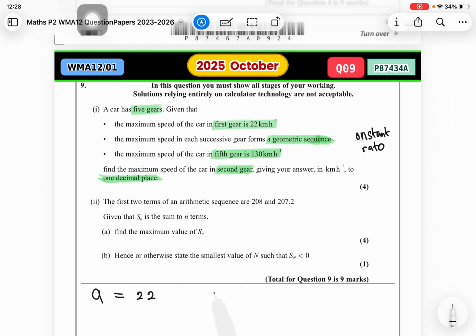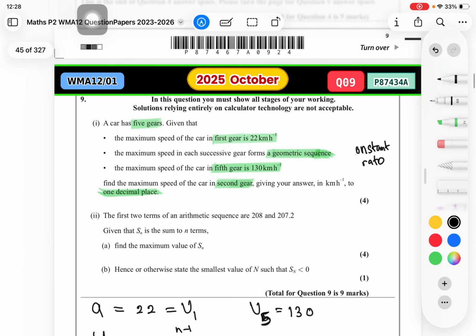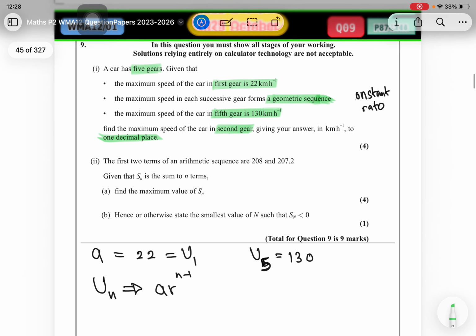This is the first term, U1, and we know U5 is going to be 130. So we know in the sequence, Un is always going to be ar^(n-1). This is a known fact, so we should keep our understanding here.